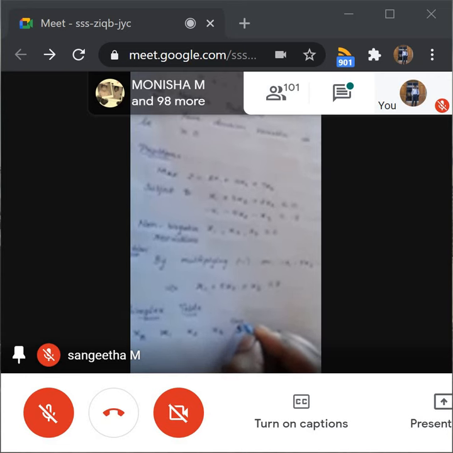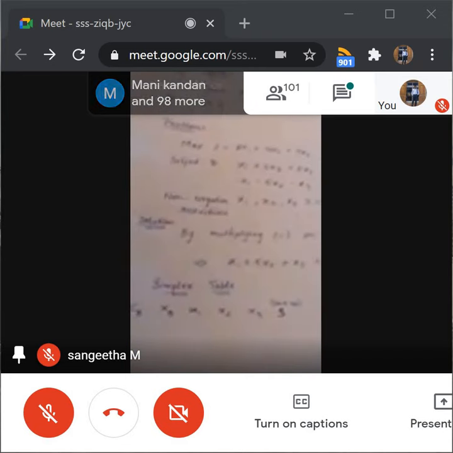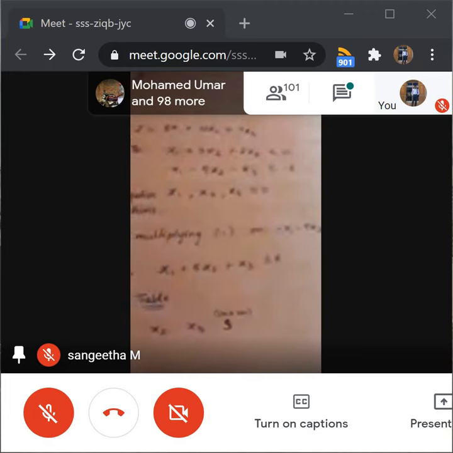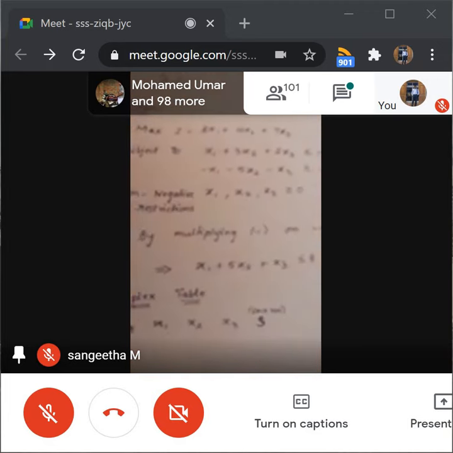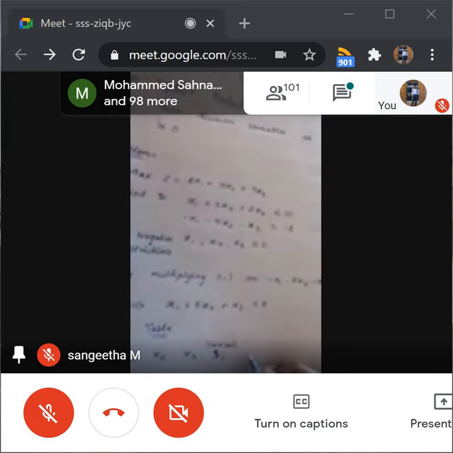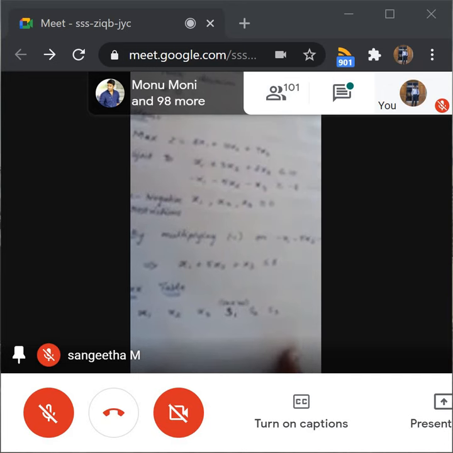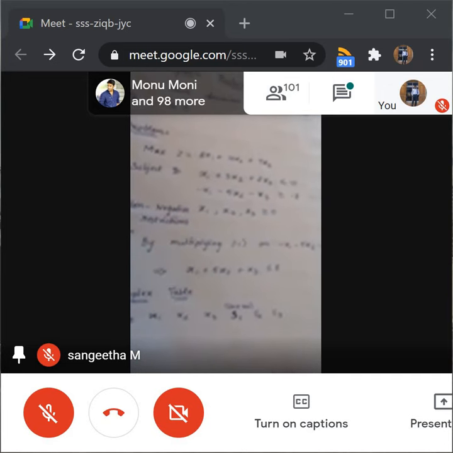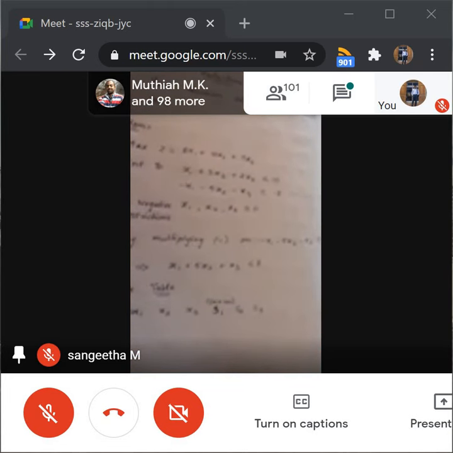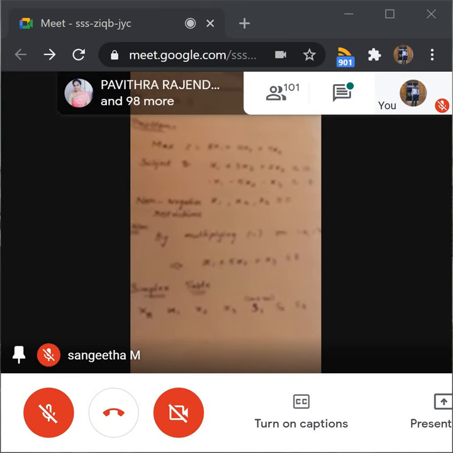Now, how many basic variables are there? That many slack variables you have to add. So there are three variables x1, x2, x3, so you need to add three slack variables, S1, S2, S3. Then proceeding further, you need a solution. The solution is whatever value comes after the inequalities.